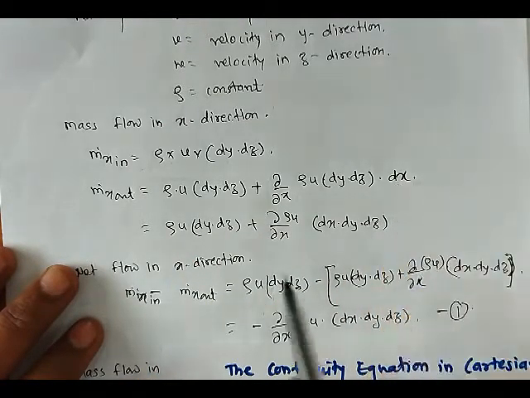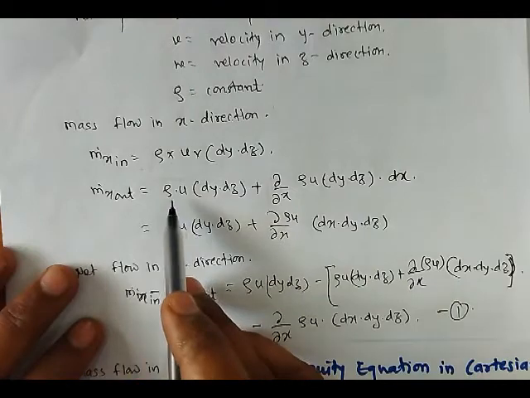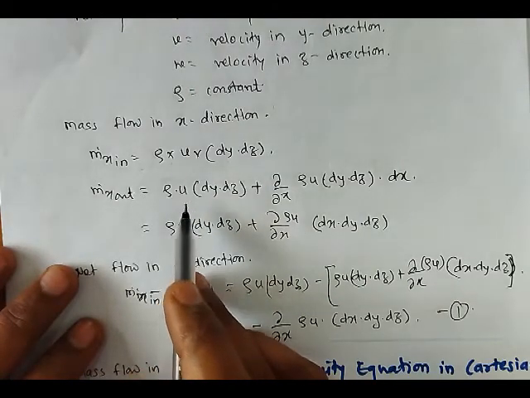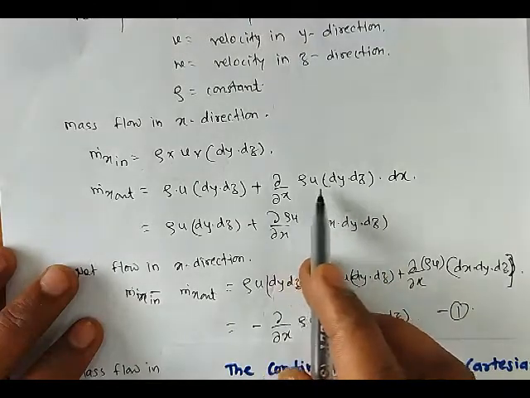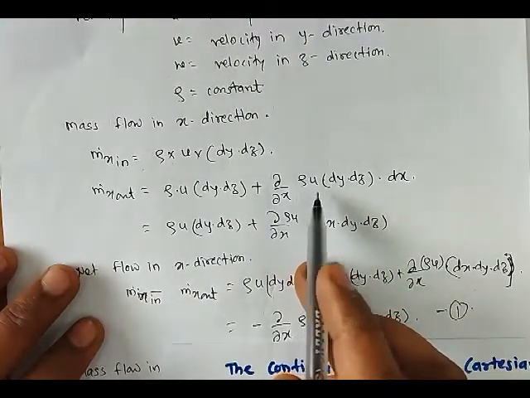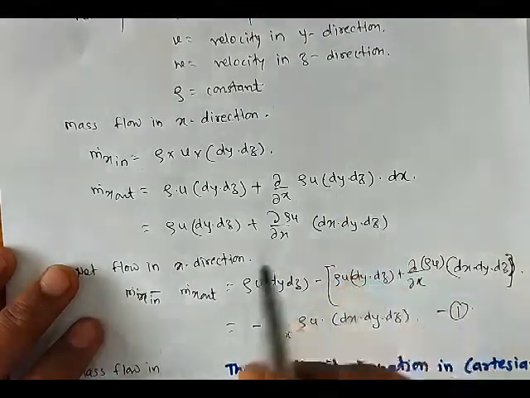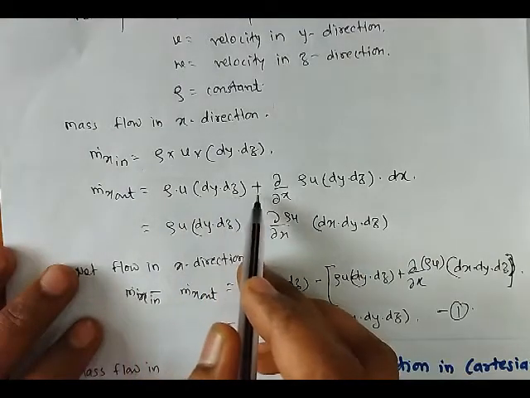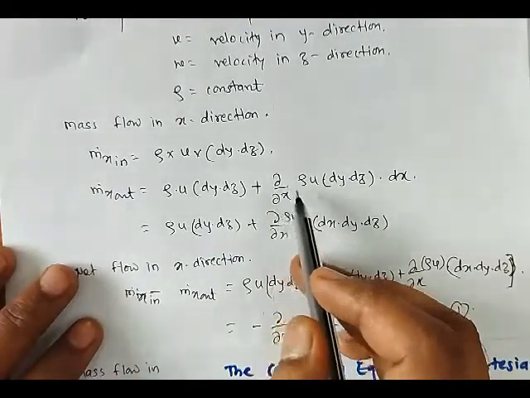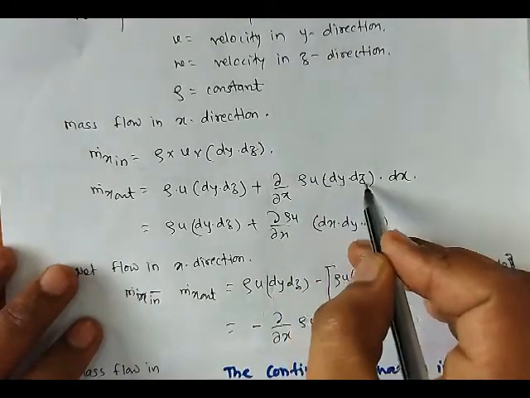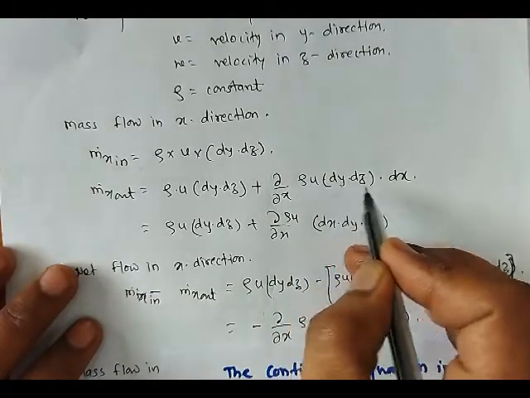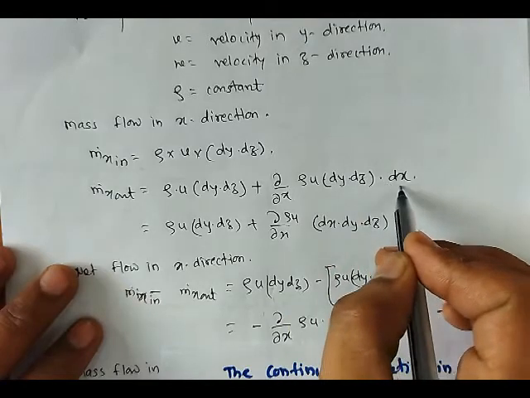So we have the initial mass flow plus the change in mass flow, which is extra, over this dx distance. So we have rho u dy dz plus, in brackets, the partial derivative of rho u with respect to x, multiplied by dx dy dz, that is the change in mass with respect to distance dx.